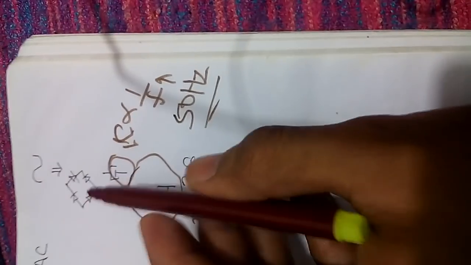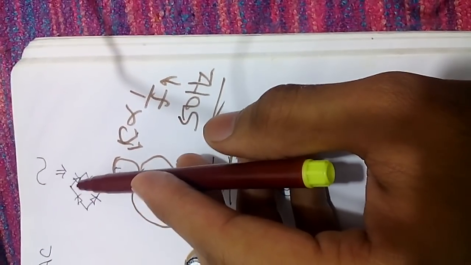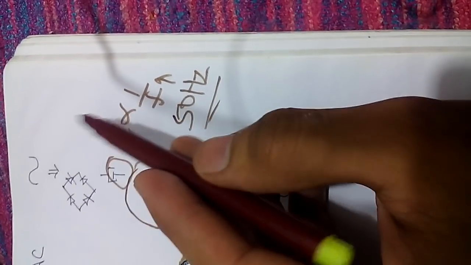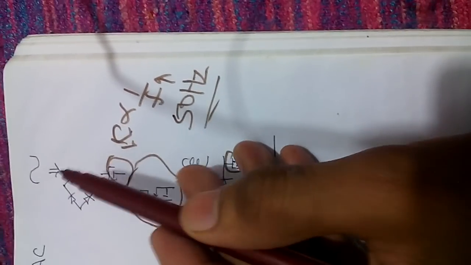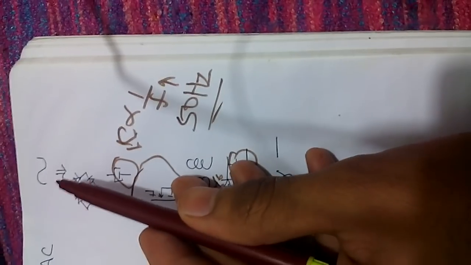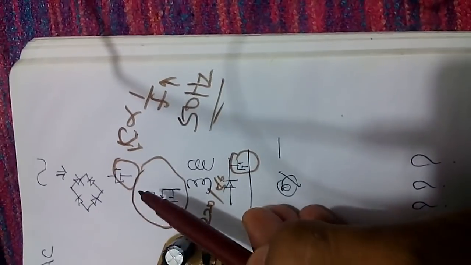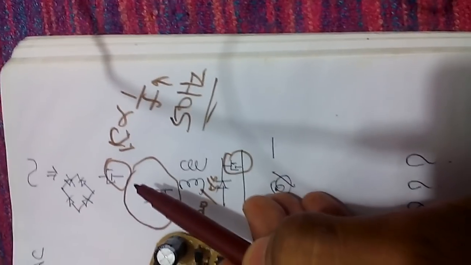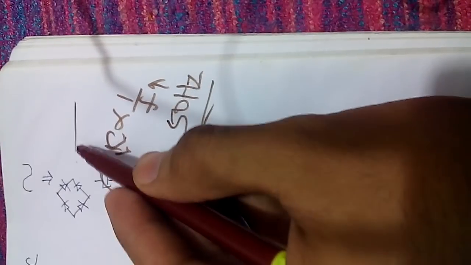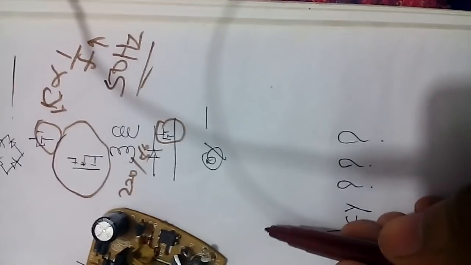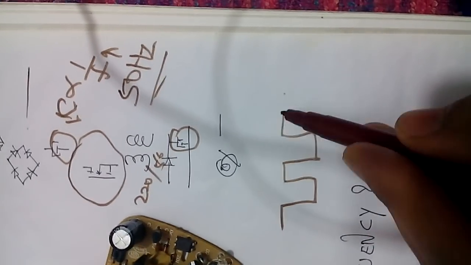Now, if you want to change the frequency of an AC signal into some other frequency, you cannot do it directly. You have to convert it into DC. So we have converted this 50 hertz AC signal into a DC signal. Now suppose this is the DC signal, and you switch it on and off very frequently, and that becomes like an AC signal.